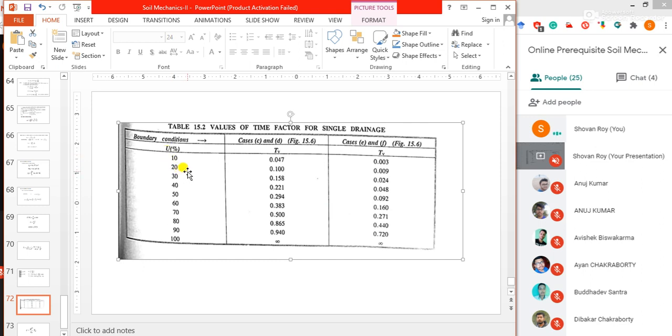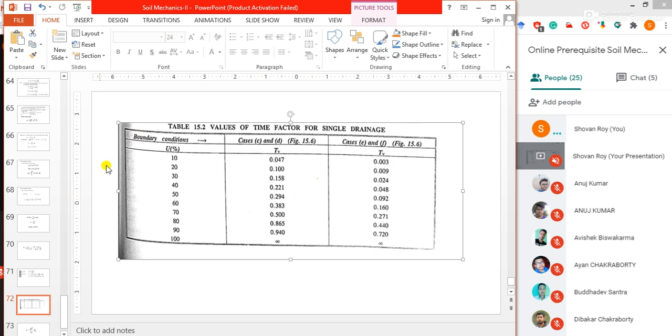When the degree of consolidation is 10, the TV value is 0.047. Depending upon various factors, normally this value can also be given in your question, and we can consider some values already there, no problem.